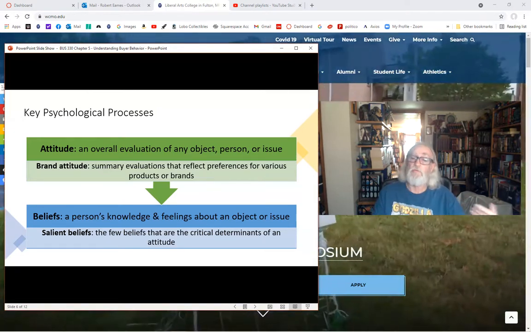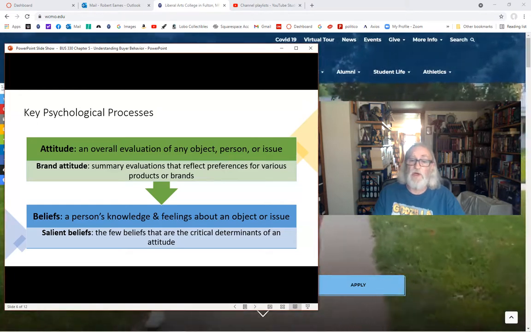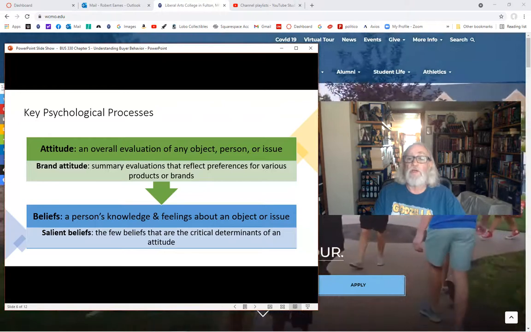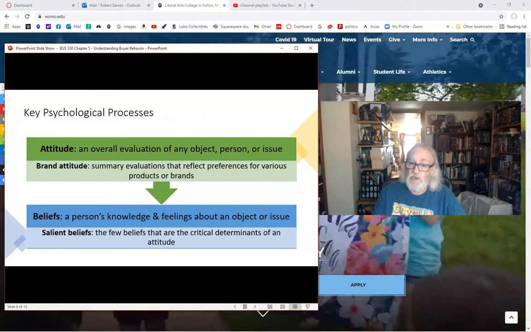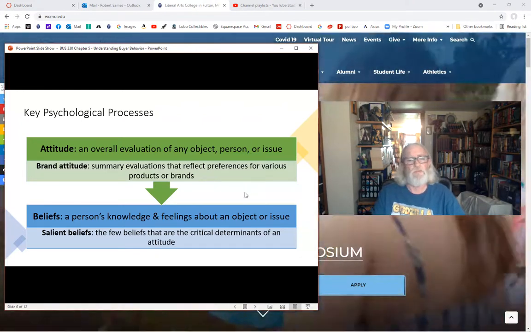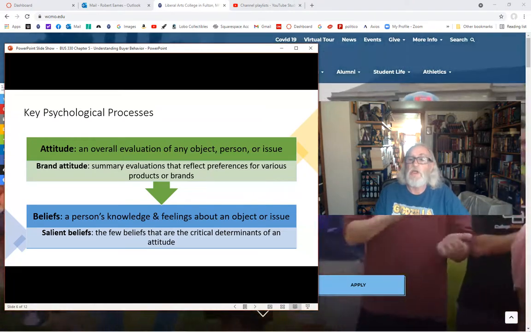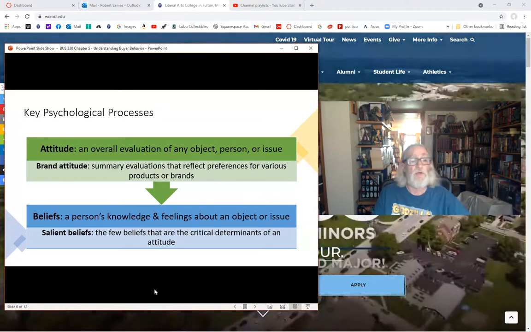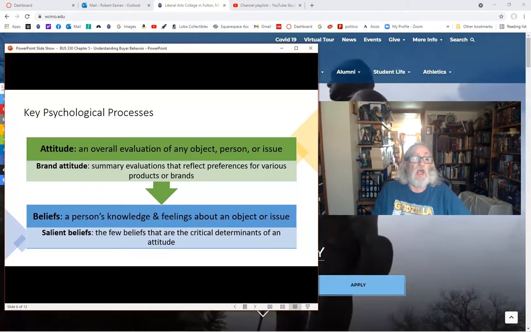Now, we also have brand attitudes. These are the memories and experiences, involvements we've had in the past with any given product. They're stored in our minds. When we start to think about making a purchase decision, these are the things that pop up in that consideration set of alternatives, and we start thinking about which one was best and all of that. So they're sort of summary evaluations that reflect our preferences for the various products or brands that we've used. In turn, these are influenced by beliefs that we have.